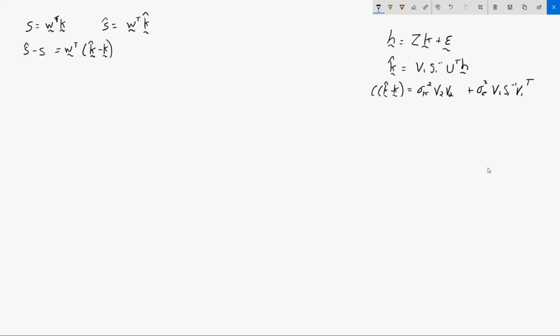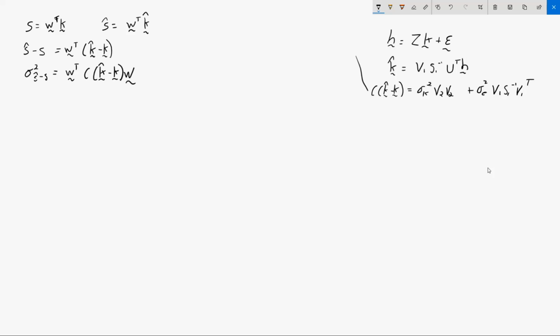Using our same old equation for propagation of variance, sigma squared (s hat minus s) equals w^T times the covariance matrix of parameter error times w.